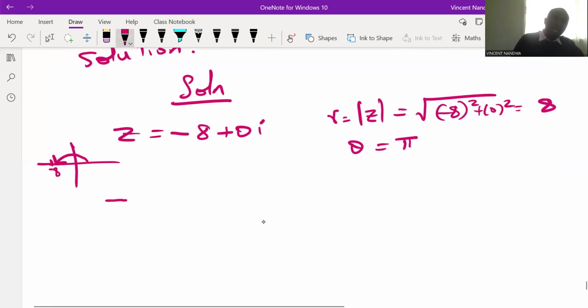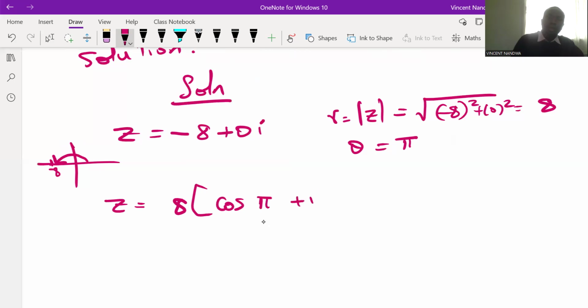So that z can be written as r, which is 8, times cosine of pi plus i sine pi.